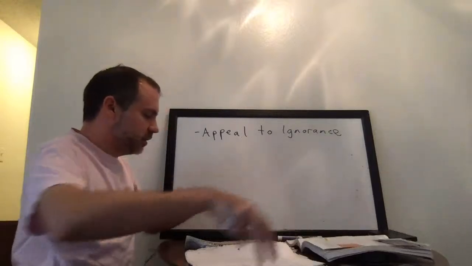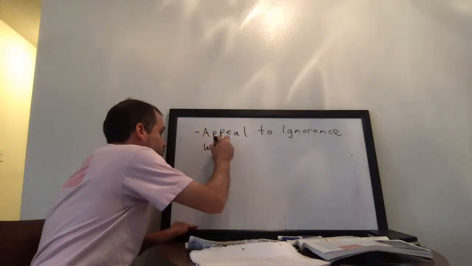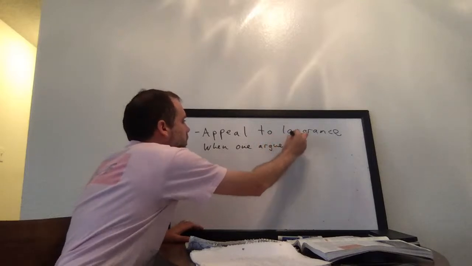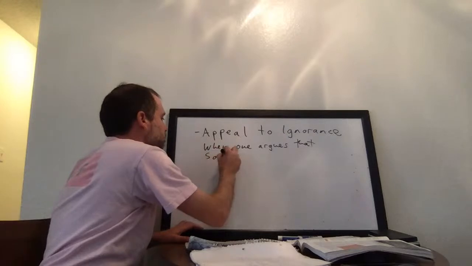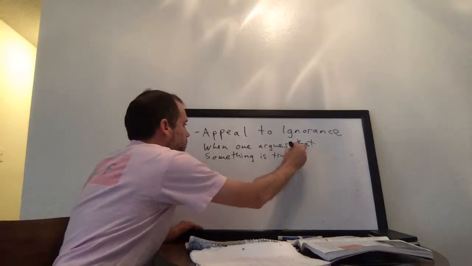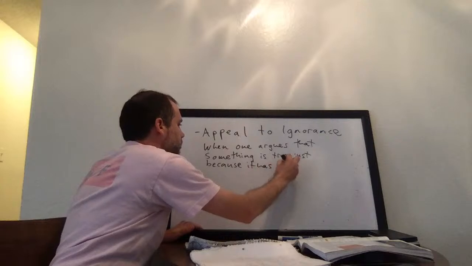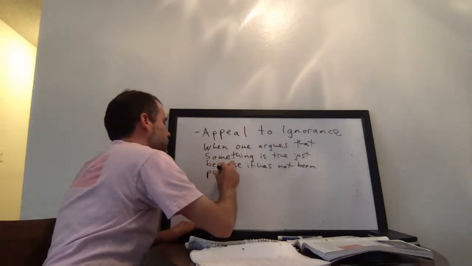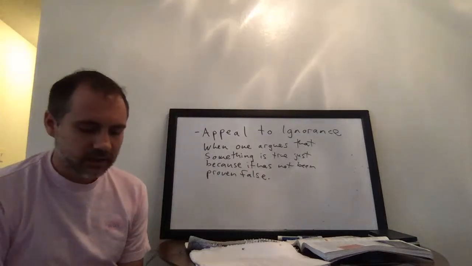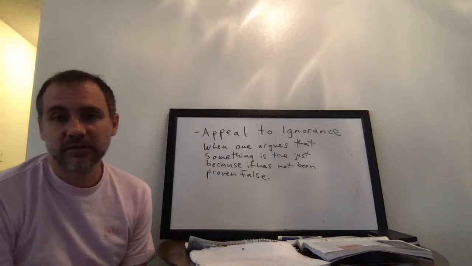This is a fallacy that happens when you argue that something is true only because it has not yet been proven false. Okay, so that's the appeal to ignorance fallacy. It's when you're trying to claim something is true, but not because you have any evidence that actually backs it up. Instead, you're saying it's true just because there's no evidence that disqualifies it from being true.